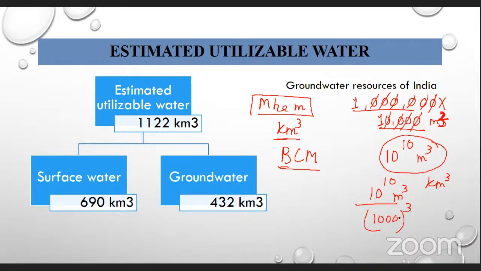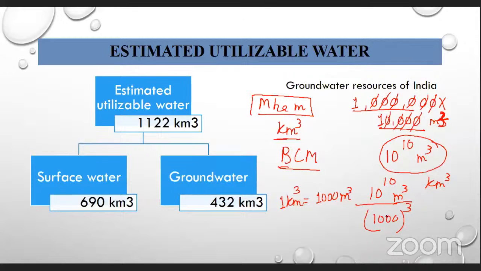Can anyone tell me why we are dividing it by 1000 cube? Because a kilometer is 1000 meter, and if this is in the cube, then your meter cube will also be in the cube.